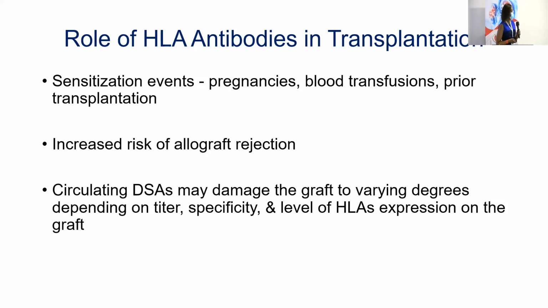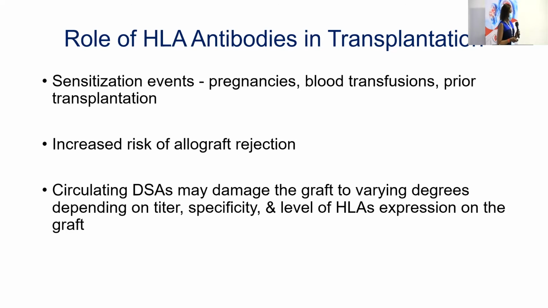So as I've alluded to, antibodies increase the risk of allograft rejection, and the particular characteristics of these antibodies which increase the risk of rejection are the amount of antibodies and the specificity of the antibodies. So for example, from a blood transfusion, someone can become sensitized, but maybe the antibodies they have do not target the HLA on the actual donor that they're being evaluated with.